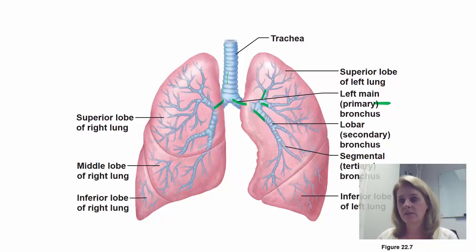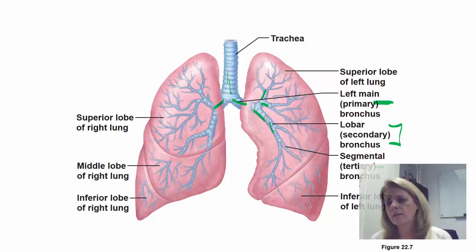And then when it branches even again, it's called a tertiary branch. And it continues branching and branching. I want to say I read like 16 times. So we're not going to do that. We're not going to make you identify anything past a secondary bronchus. Okay, that's all you got to know. So you got to know the trachea, the primary bronchus, and then be able to identify a secondary bronchus.